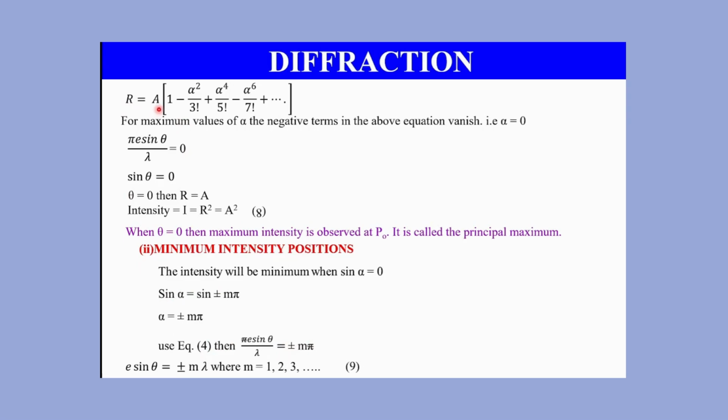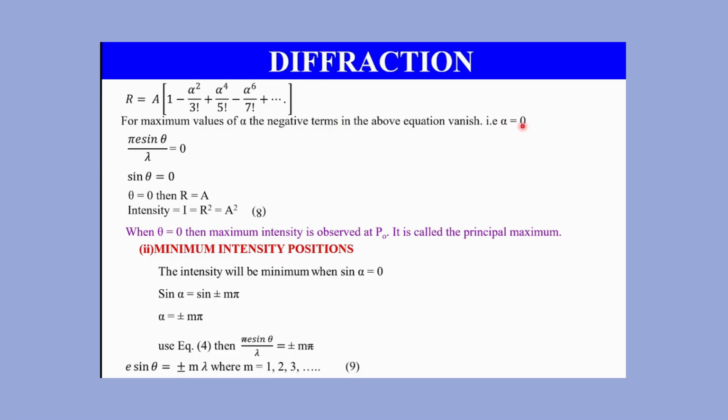Alpha is going to cancel and we are writing only A. So A into 1 minus alpha square by 3 factorial plus alpha power 4 by 5 factorial minus alpha power 6 by 7 factorial and so on. Now in the above equation, for the maximum value, the negative terms must vanish. Therefore, you can take alpha is equal to 0.